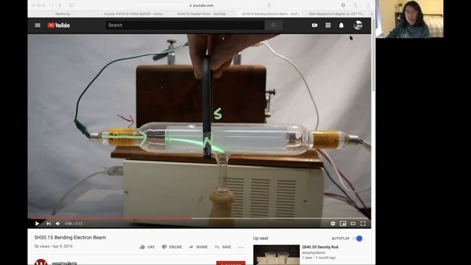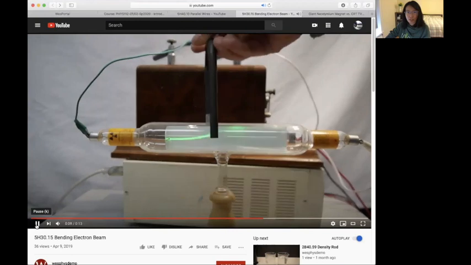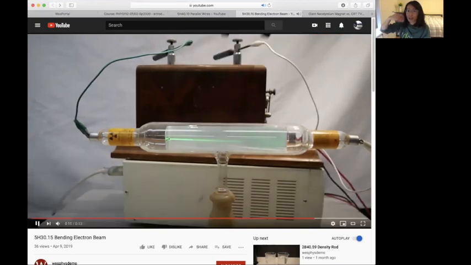And what if now we switch the polarity of this horseshoe magnet? Okay, if we switch it, then you can see it will bend upward. Right. So now you can see how to use the magnet to control the electron beam.